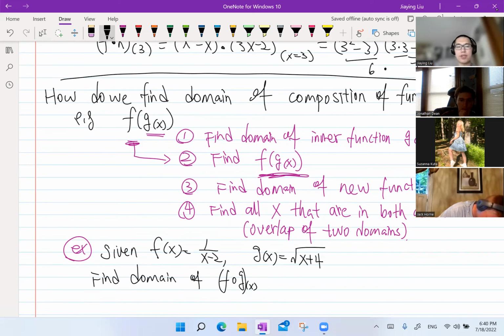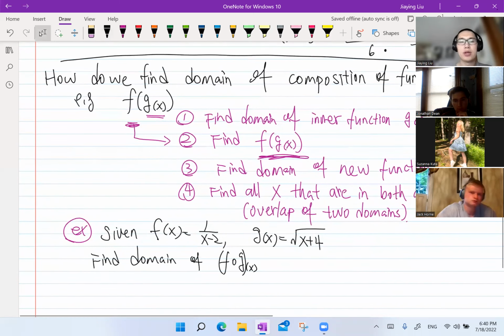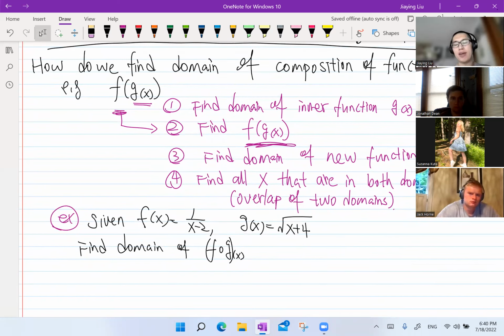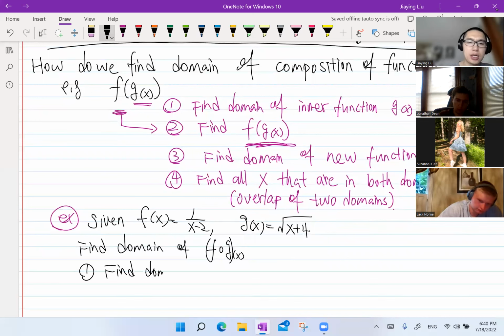We need the domain of this new function, f of g of x. The first thing I'm going to do is, you don't have to follow the order I did. You can just find f of g of x first. It's up to you. So step 1, find the domain of the inner function, which is g of x.